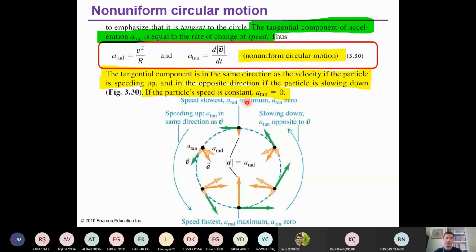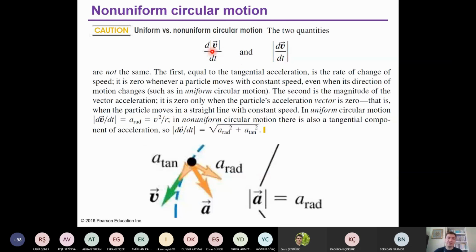Okay, now let's discuss the difference between these two relations, uniform versus non-uniform circular motion. Here we have two quantities. This is the tangential acceleration. Okay, and what is this? Are they the same or different? No, they are not the same. This is the tangential acceleration. This is the magnitude of the acceleration.